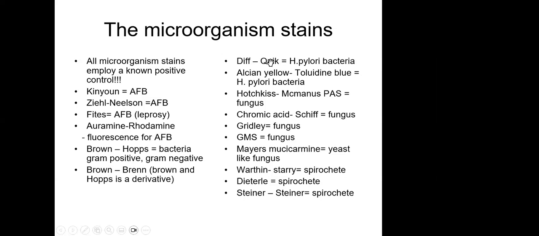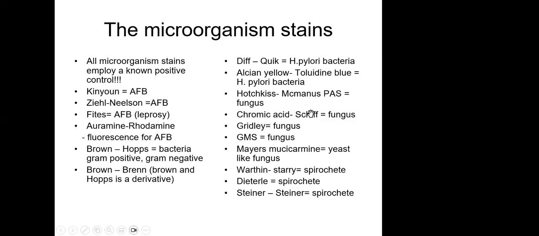Up here you have two different Helicobacter pylori stains. You have a Diff-Quik and you have an Alcian yellow, toluidine blue. And those are specific for H. pylori, which is a very specific bacteria. Then you have a bunch of fungal stains.